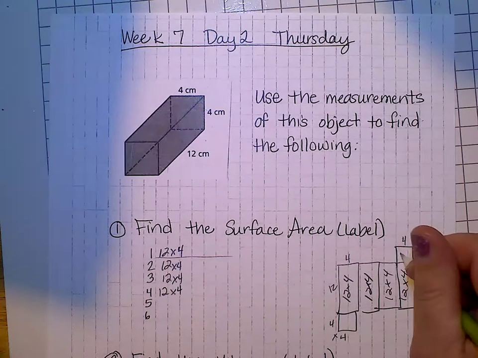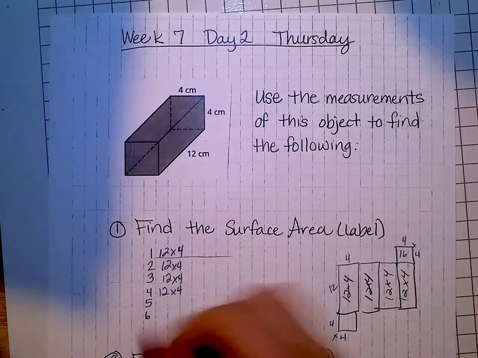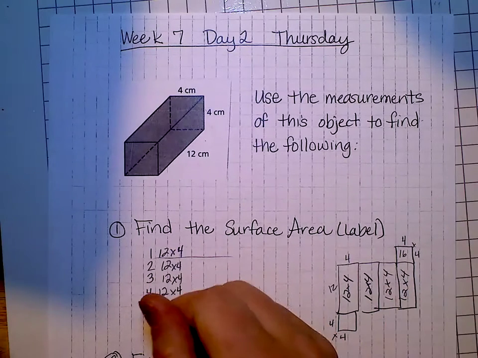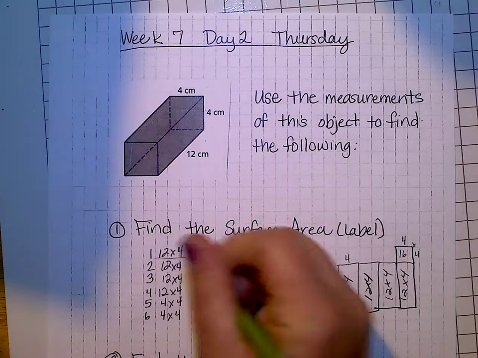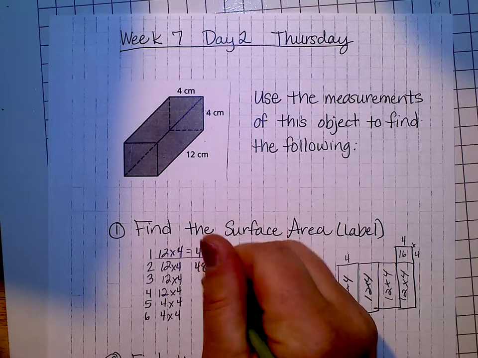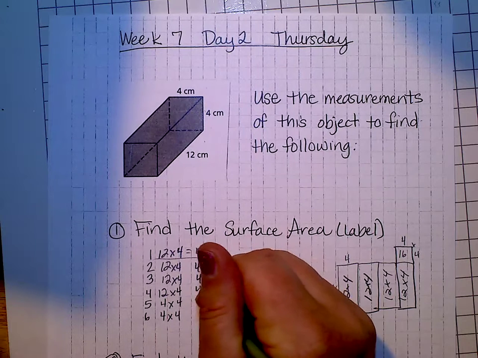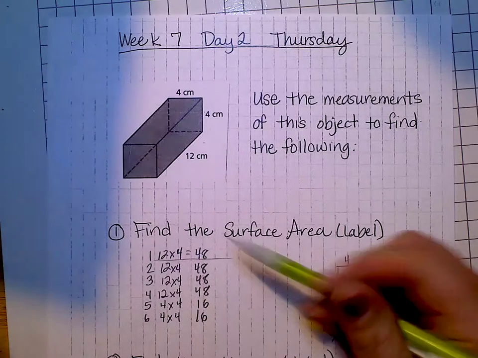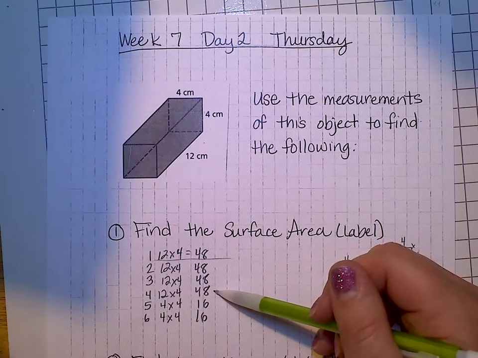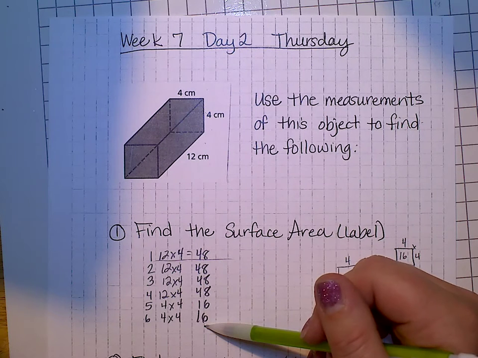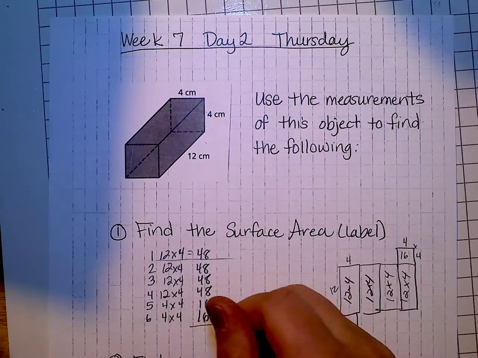And here we have a 4 by 4, which is 16. And another 4 by 4, which is also 16. So we have 48, 48, 48, 48, 16, 16. So 8 times 4 is 32, plus 12 is 44.